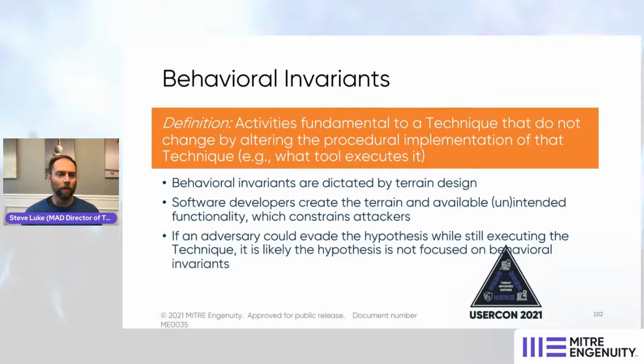Not all techniques have behavioral invariants, but we encourage you to try to think about that and see if you can research these techniques to the point where you get as close as you can to understanding those things. Because if those are common across all of the implementations and you can detect those things, you're going to have a much more resilient defense than if you're dependent on something more brittle about a procedural implementation.